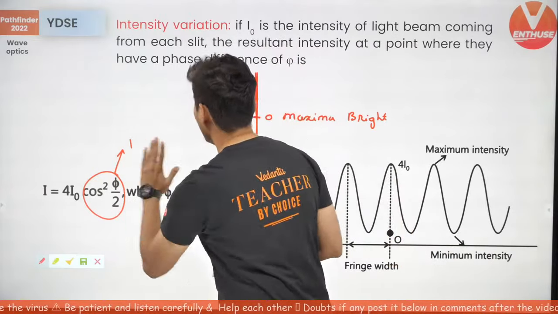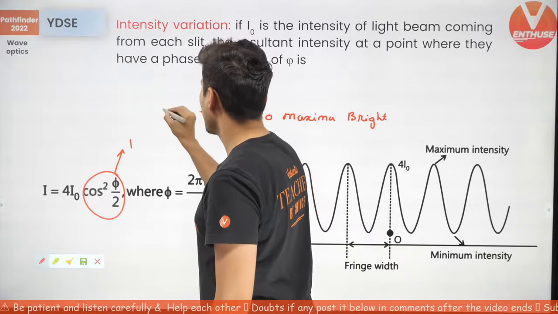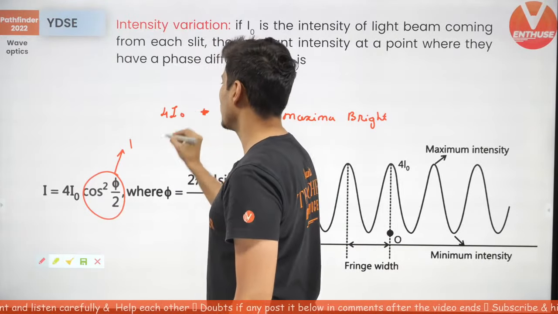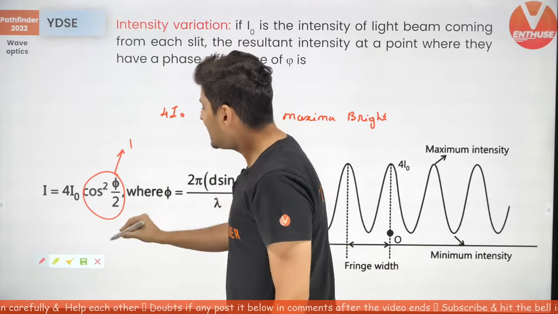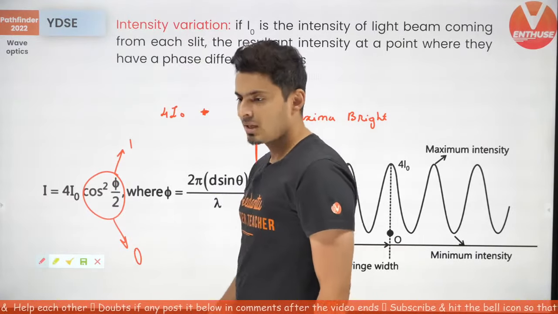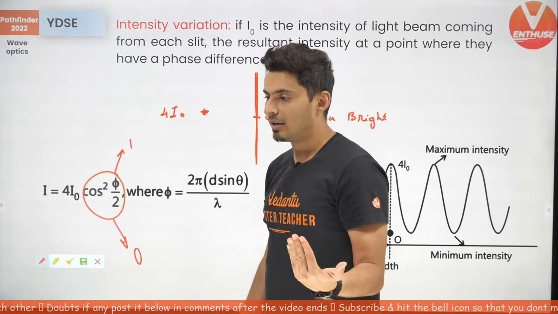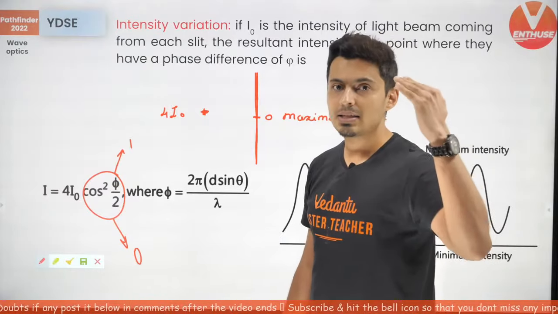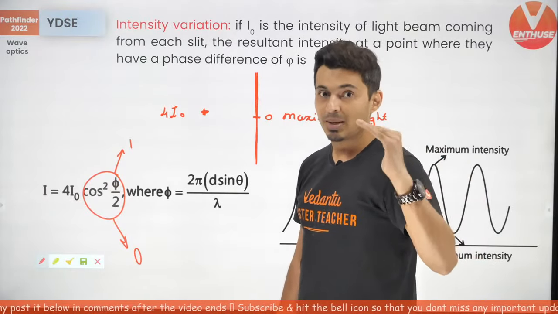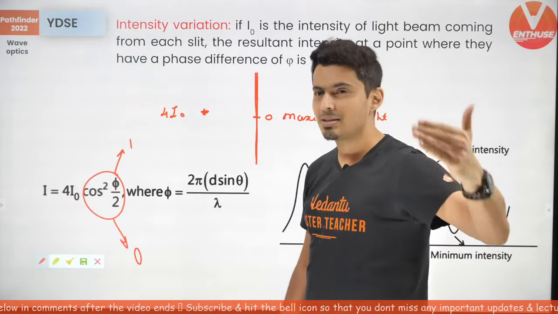So when this becomes 1, you'll get a max value intensity of 4 times I naught. Then the least value is 0. Cos square, because it's a square, is not minus 1, it will be 0.